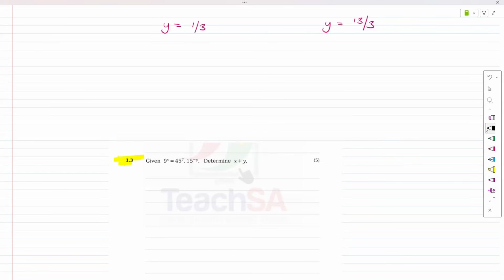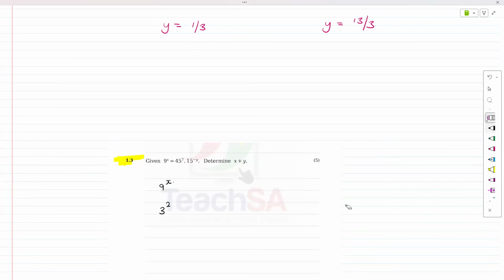But they gave us two parts. They gave us 9 to the power x actually, sorry. Right, so that's not a prime number, so I'm going to deal with it as shift factor, and I'm going to get 3 squared to the x.